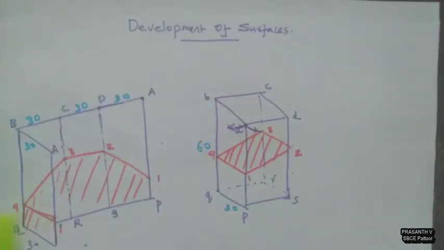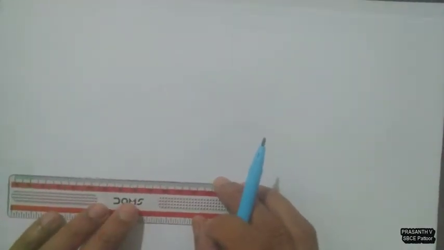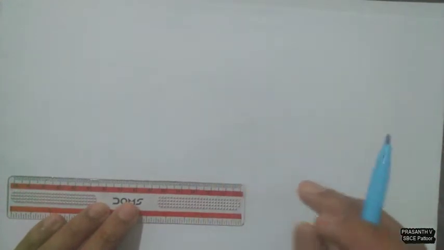Now, here also we have to draw the simple position of the square pyramid. Consider it is resting on HP with one of the base edges parallel to VP. Just draw the XY line. Side of the pyramid is 30 mm.